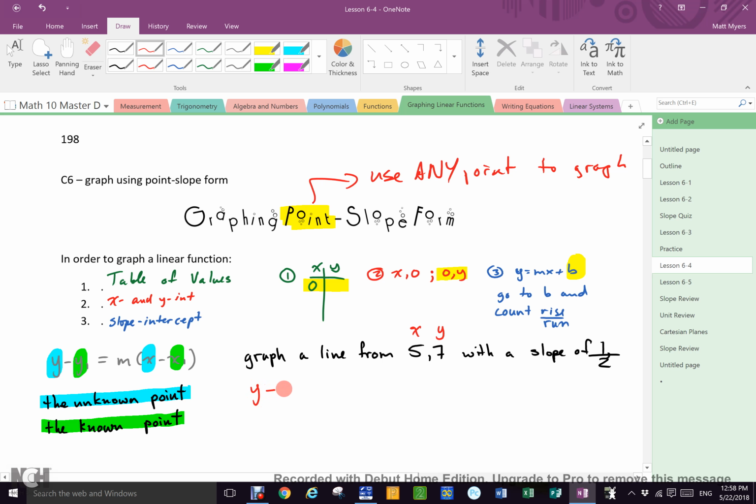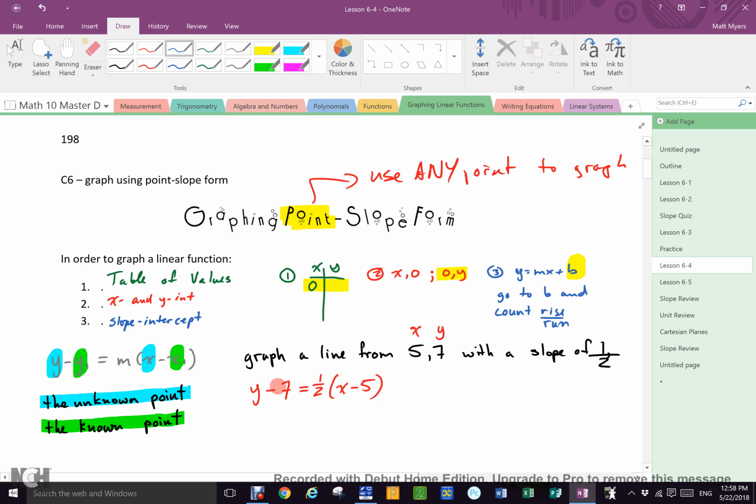Y minus what? 7, because it's a Y value, equals, what goes in for M? 1/2, bracket, then what? X minus 5. Everybody cool? Right? Since it's a known point, it goes in the known point spot. Everybody good? Yeah? Okay. Watch.